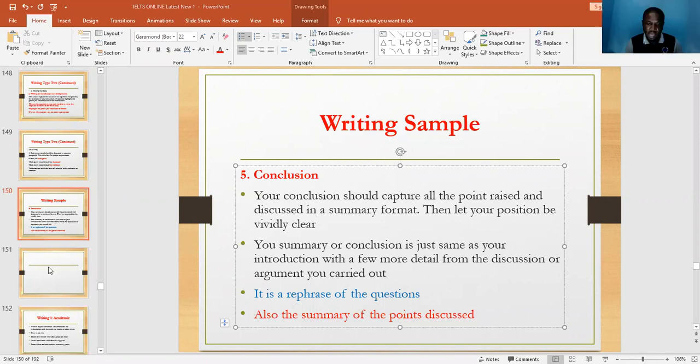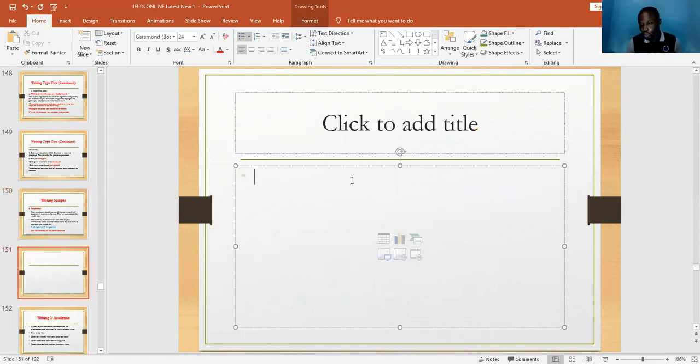I want to write an introduction, conclusion for that part now. So this is the conclusion. I'm trying to think because I didn't have anything framed up in my mind.